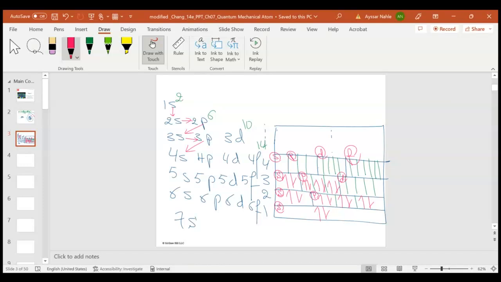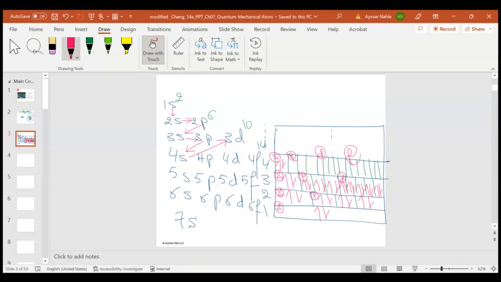You don't go to 3D. Once you go to 4S, so you got 1 and 2. Now the next step, we have no other options. I will go back now to 3D. Now 3D, look in here, 10 people: 1, 2, 3, 4, 5, 6, 7, 8, 9, and 10. Of course I missed it by chance. Okay.